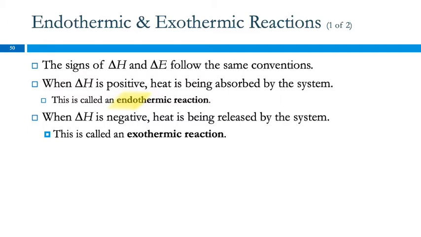It's exiting. So this is an exothermic reaction. Exo like exit. Okay? So when we talk about exothermic and endothermic, to get this correct, you have to think about, okay, if I am the system, if I am the reaction, is the heat leaving me or coming in? And that tells me whether it's exothermic or endothermic.